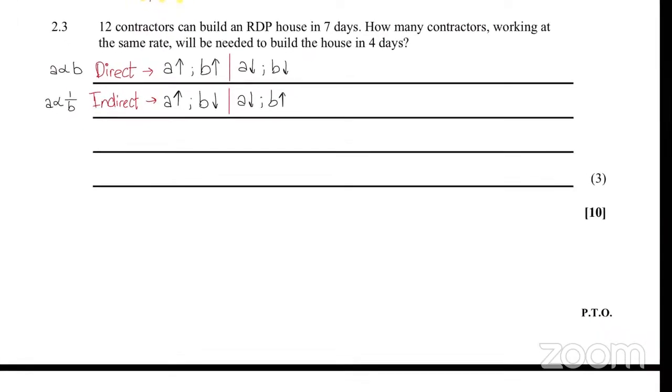So when we look at 2.3, what is the relationship, or what is this rate? Would you say it's direct or indirect? 12 contractors can build an RDP house in 7 days. How many contractors working at the same rate will be needed to build the house in 4 days? Direct or indirect?